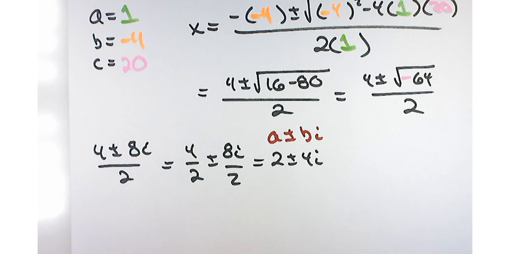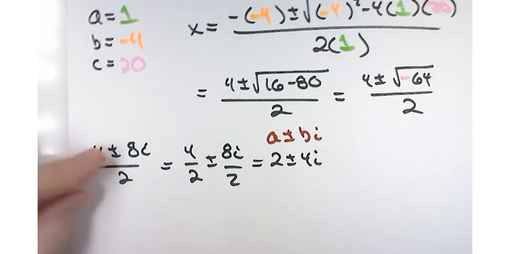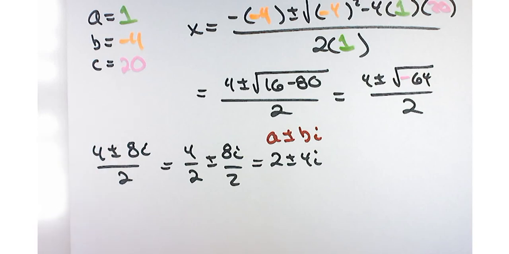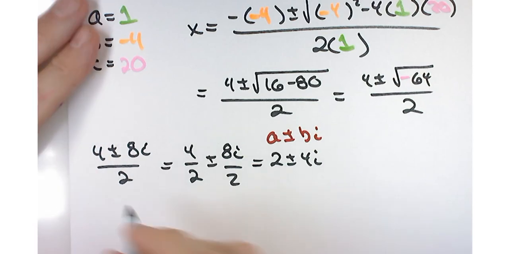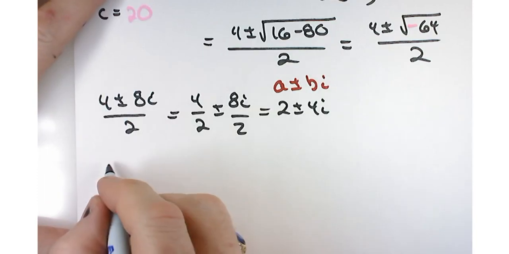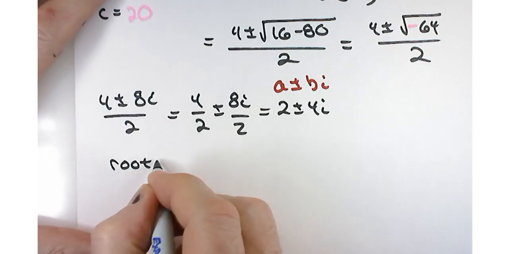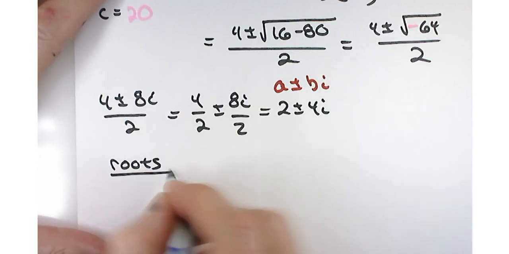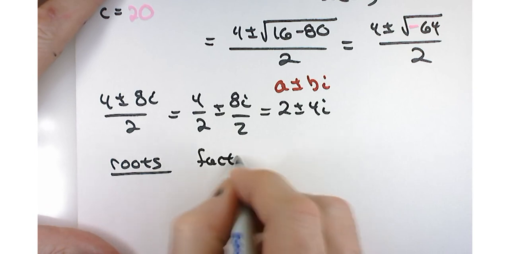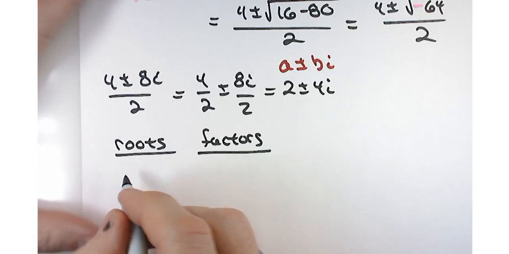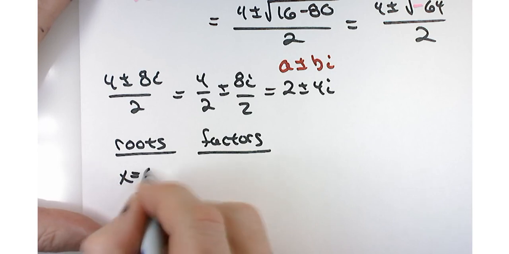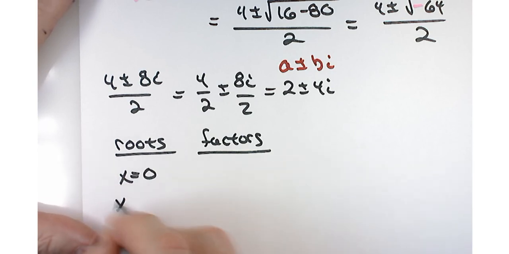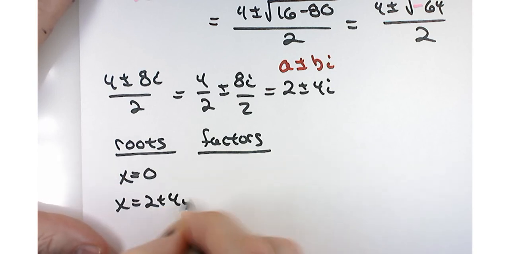I've got my roots now. Let's put this back together in terms of some factorization. So make a little table for ourselves, roots and then corresponding factors. So the roots started out with an x equals 0, and then x equals 2 plus 4i, and x equals 2 minus 4i.